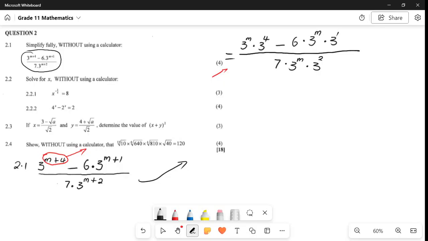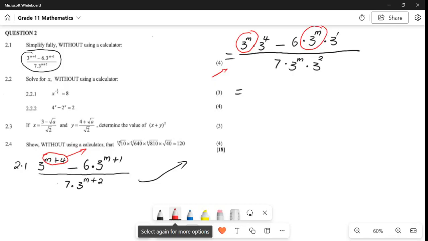The way I see it here, on this first term we've got something similar to the second term, we've got 3 to the power m.